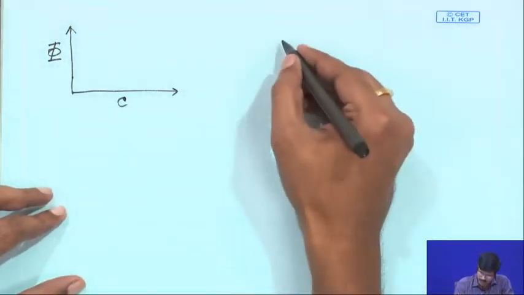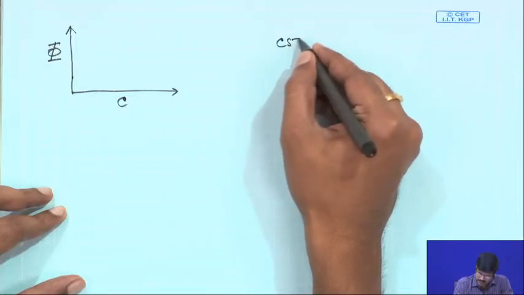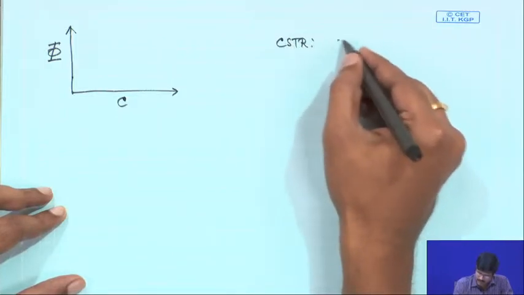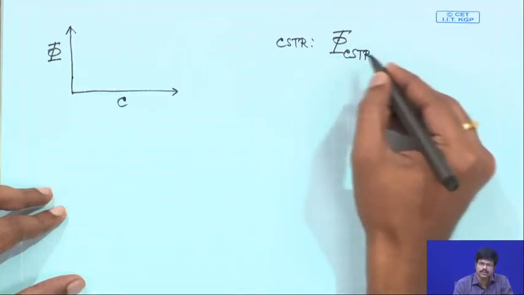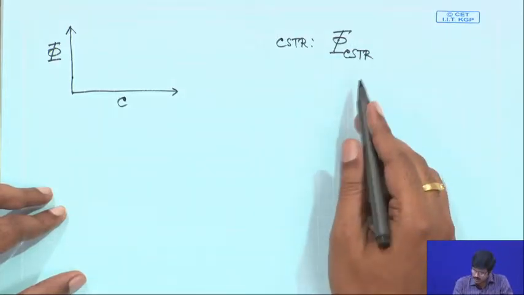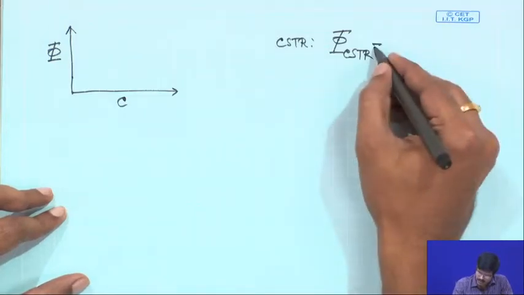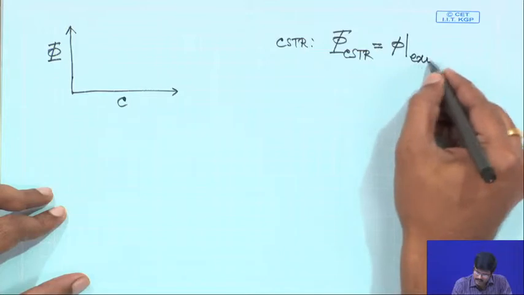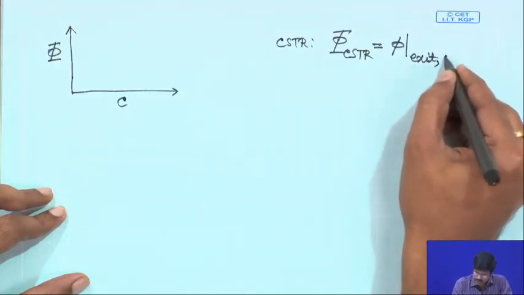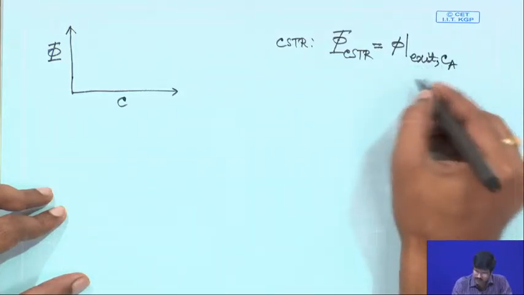Say, if you are going for a CSTR, then this overall yield of this product, the selectivity for the product, is basically equal to the yield at the exit and at a corresponding concentration of Ca.